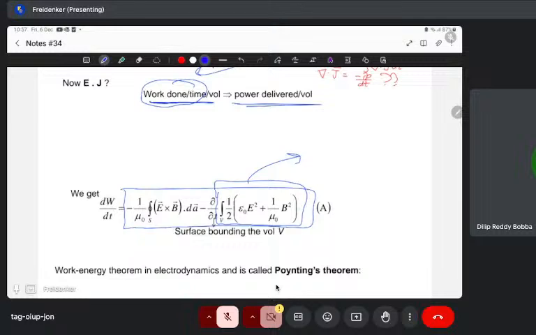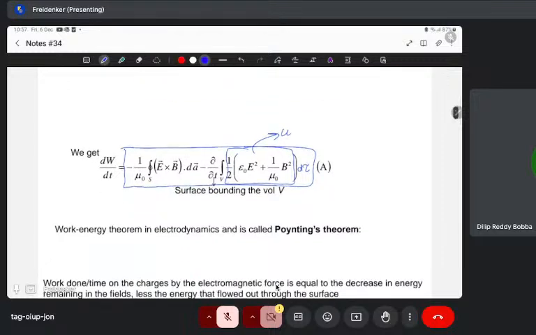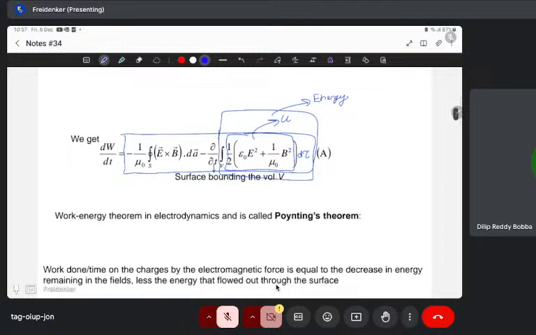Where is the variable of integration? So d tau. This is small u, the energy density. They're integrating it with respect to volume, so you will get the total energy in the volume.